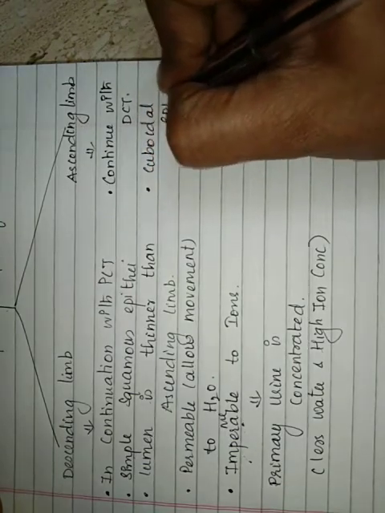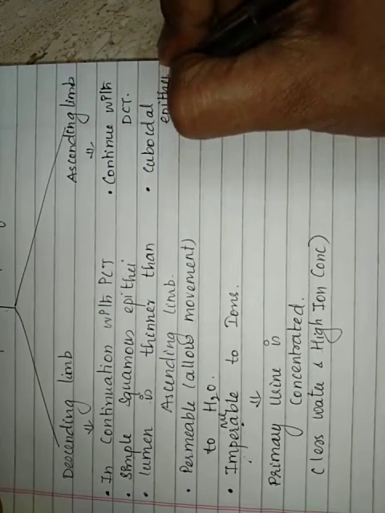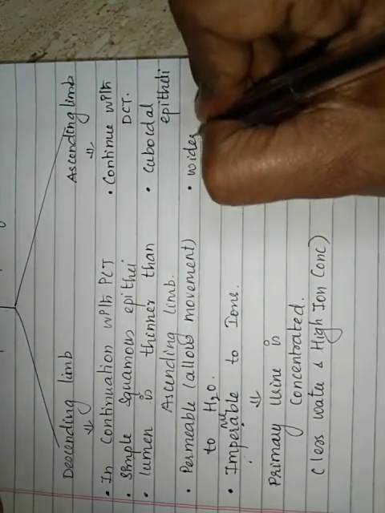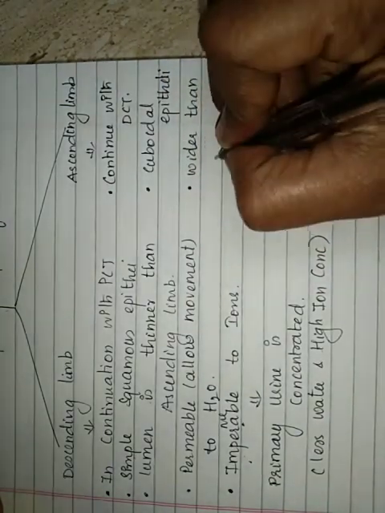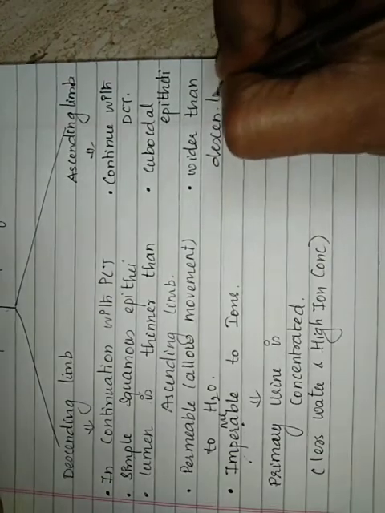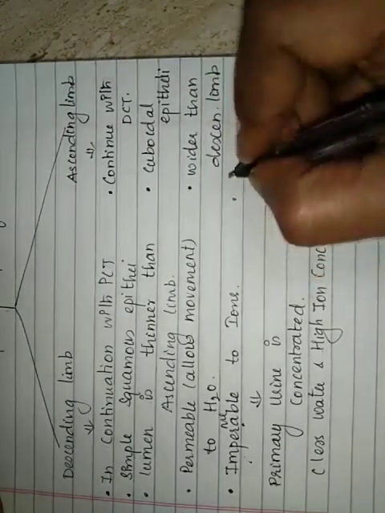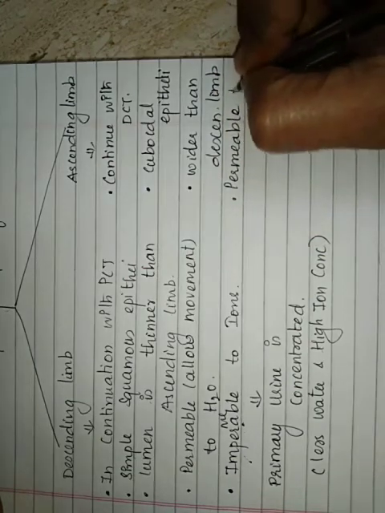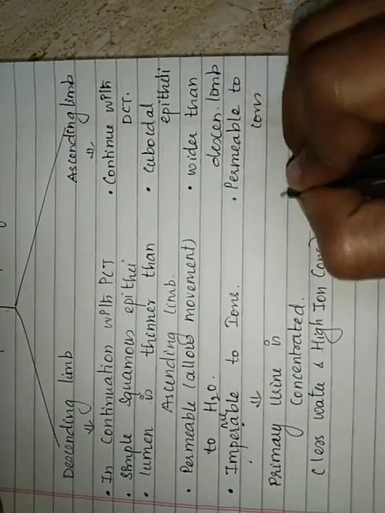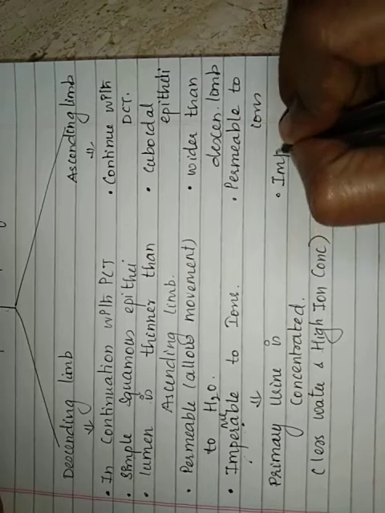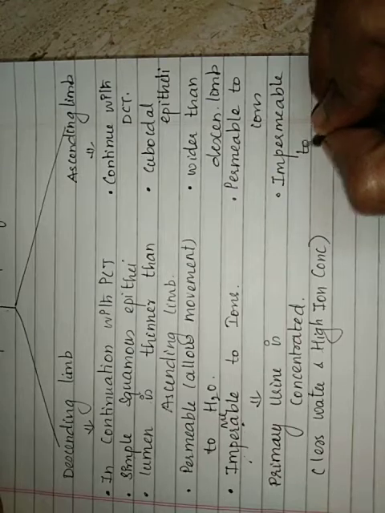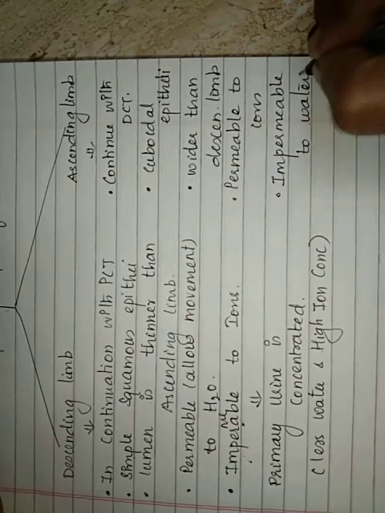So the cells lining ascending limb is going to be cuboidal epithelium, and the lumen is going to be wider than descending limb, and it is going to be permeable to ions and impermeable to water. So that is, it is actually working in reverse to the descending limb.